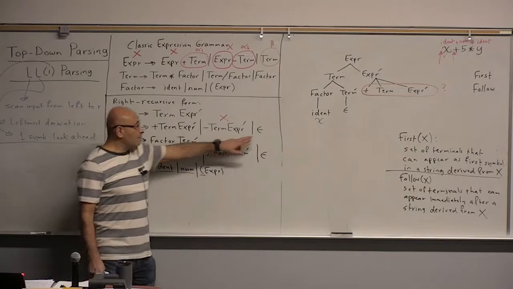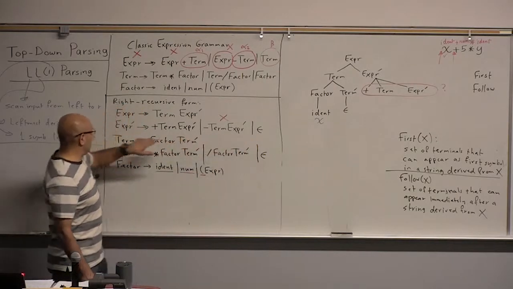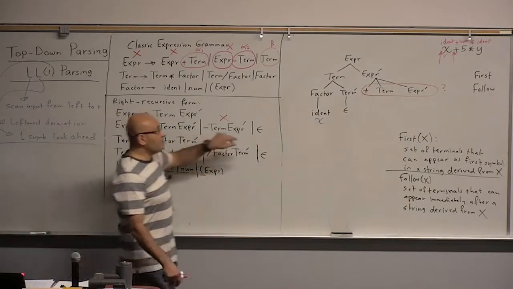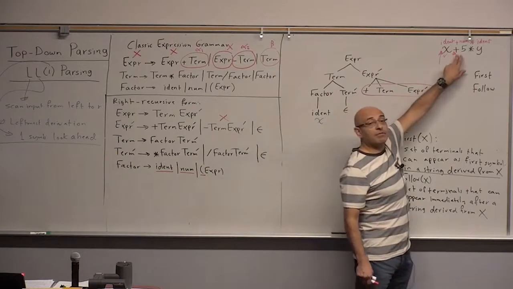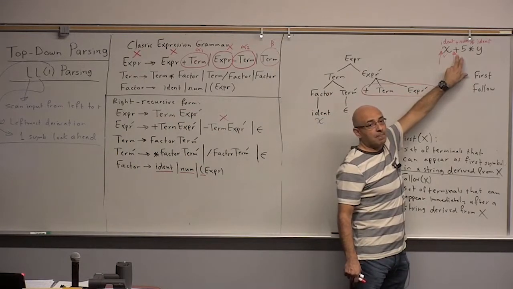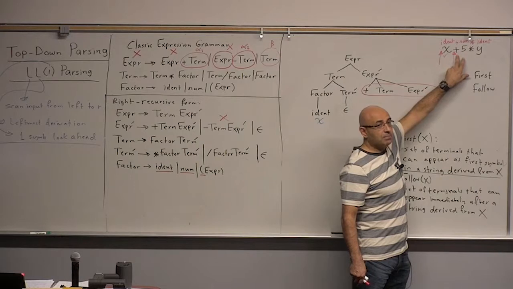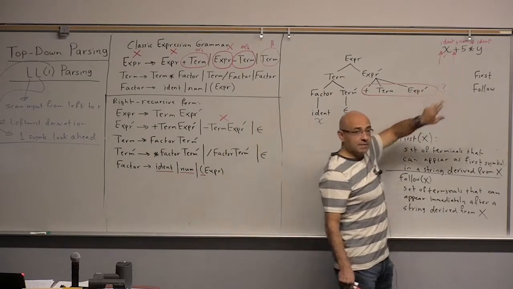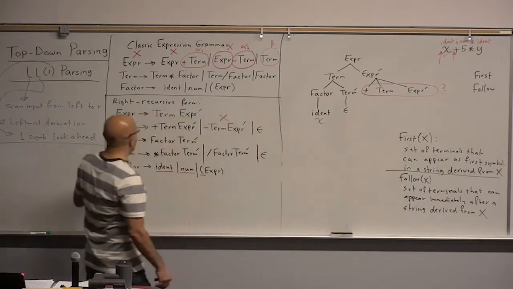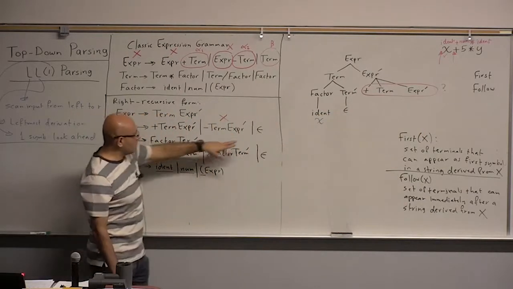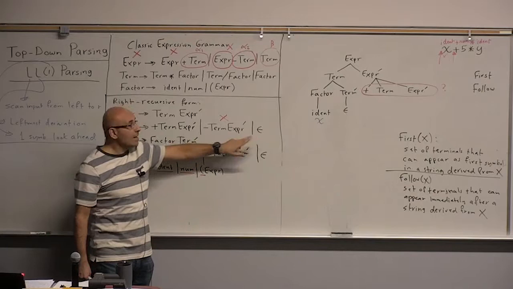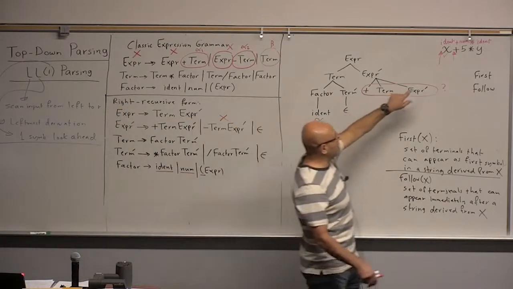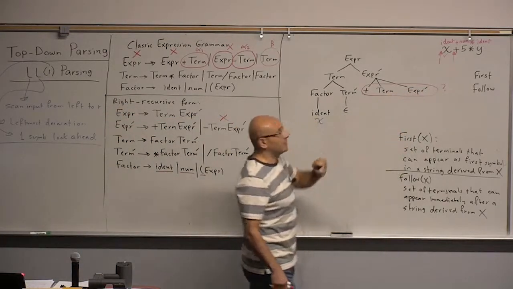So epsilon will be a valid substitution for expression prime if plus belongs to the follow set of expression prime. If plus belongs to the follow set of expression prime, this means that for now I can substitute epsilon for expression prime, and this plus that I'm seeing belongs to something after expression prime.